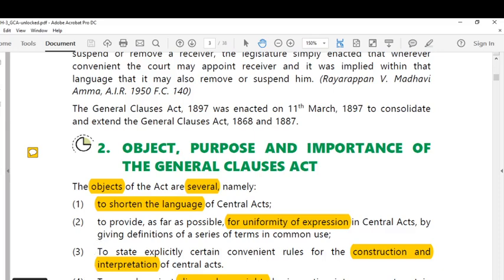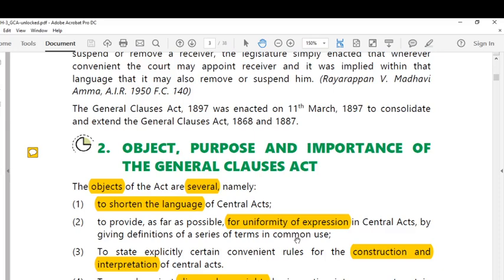The second objective is to provide for uniformity of expression in central acts. So if you study the bare acts of the central government, I mean to say the Indian Parliament, you will identify the uniformity of structure.